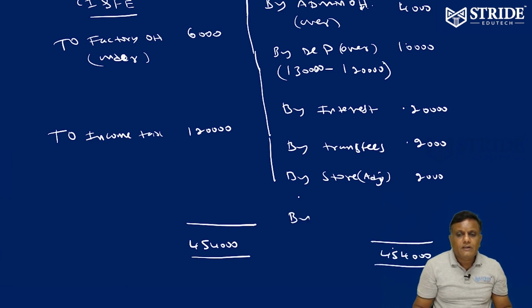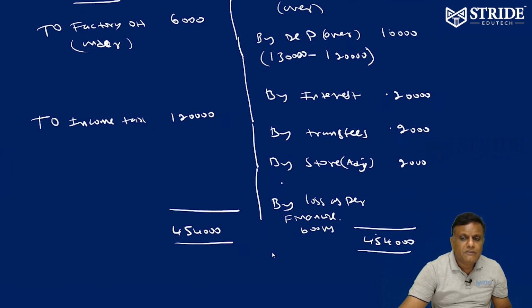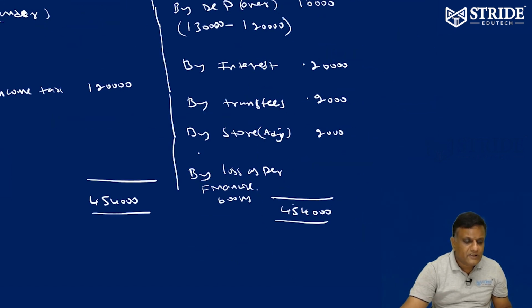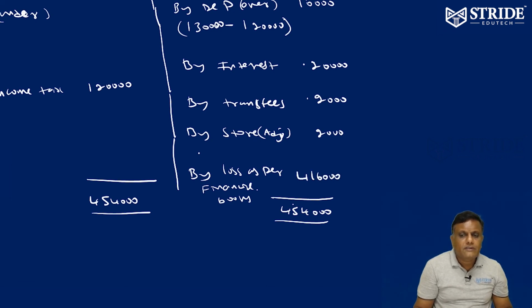So the missing figure, loss as per financial books, is 4,16,000. That's it.